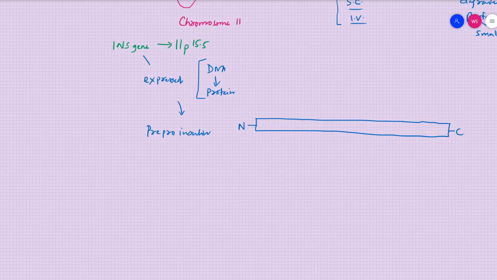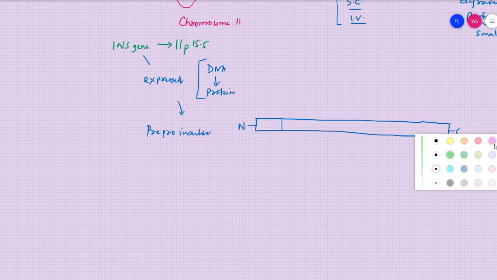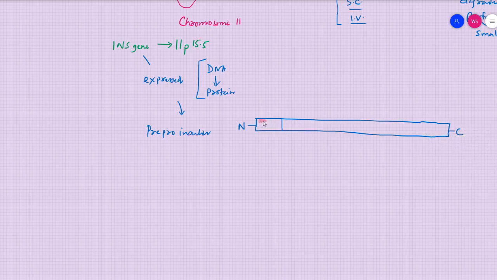There is a sequence of 24 amino acids at the N end, and this is what is called the signal peptide.